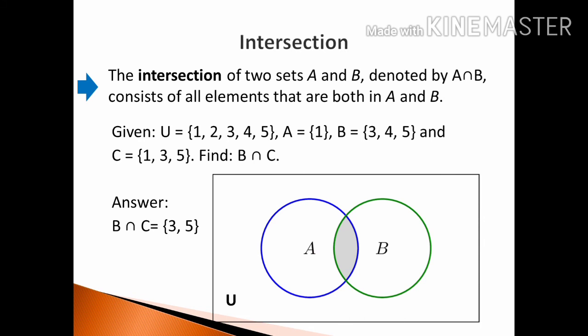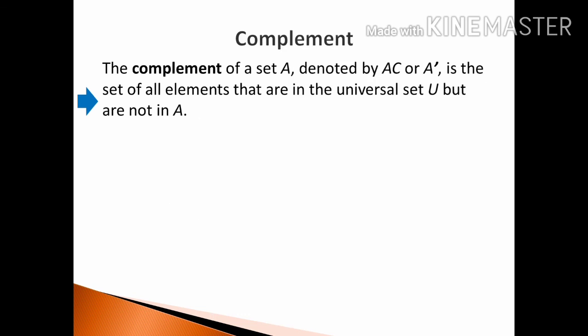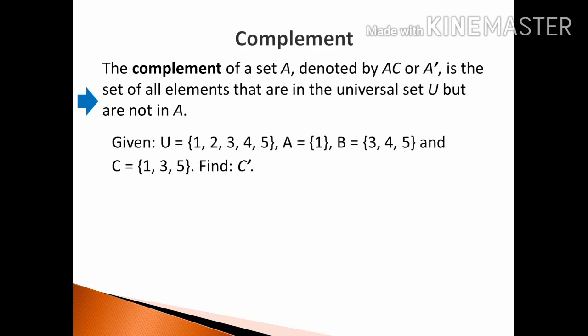That is intersection. Let's proceed with the complement, the prime, the A^c, where the keyword is to complete. Now let us have an example. We are given universal set 1, 2, 3, 4, 5. Set A has one element, set B has 3, 4, 5, and set C has 1, 3, 5. We are going to find C prime, or the complement of set C. Again, the keyword is to complete.